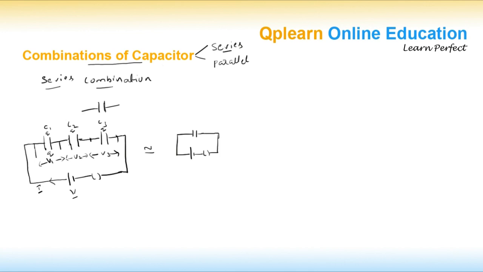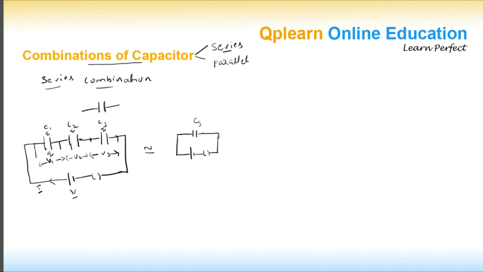I don't want to connect 3 capacitors. Instead I would like to connect only one capacitor that should be equal to what all 3 capacitors will do. Are you clear? So I will take one capacitor, the effective capacitor. This series combination I want to replace with a single capacitor which should be equal to all the 3. That is called the equivalent capacitor.